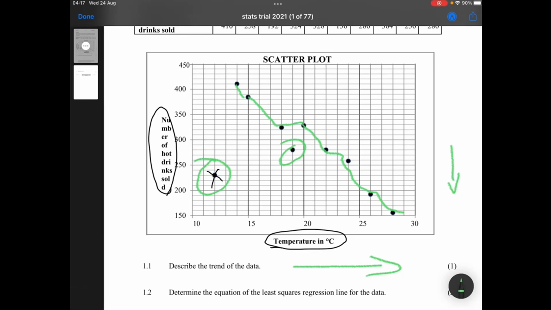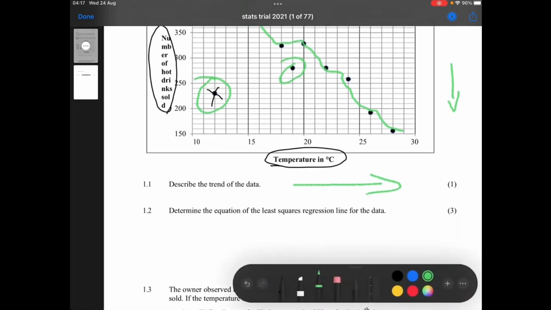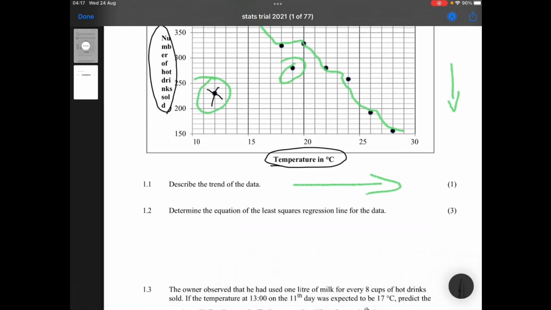You would expect people to buy fewer hot drinks when the temperature is increasing. So the trend of the data is that when the temperature increases, the number of hot drinks sold decreases.